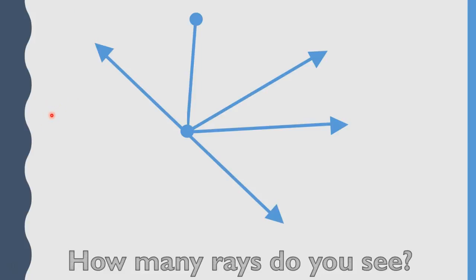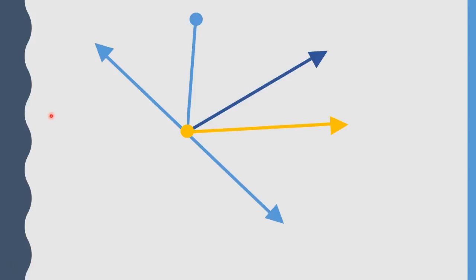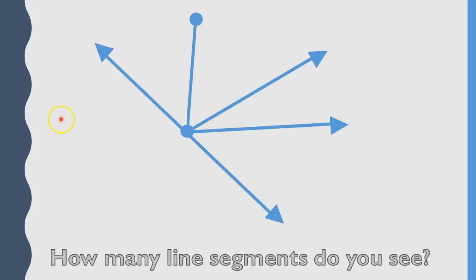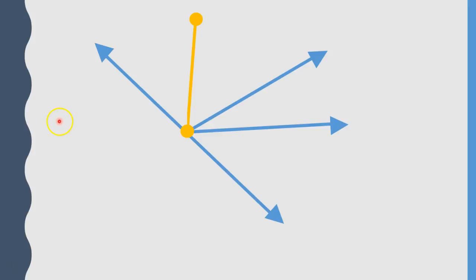Okay, my next question, how many rays do you see? There are 1, 2, 3, 4 rays. Did you get that right? How many line segments do you see? Well, there's only one, so that's not too bad.